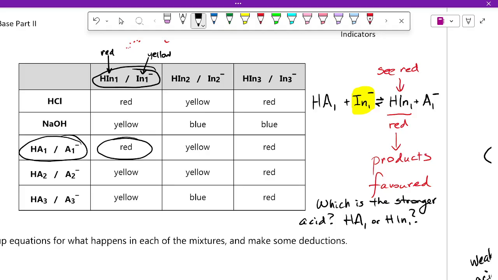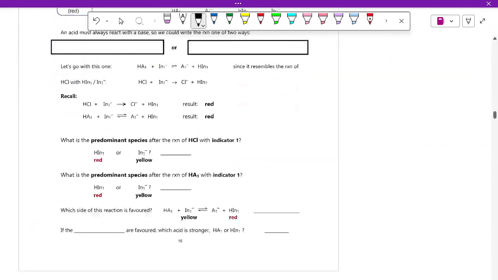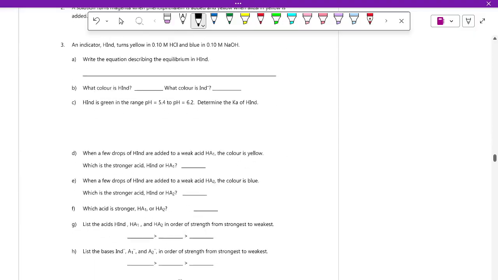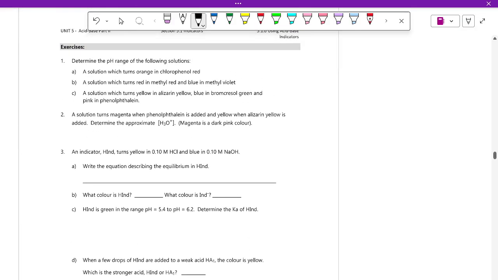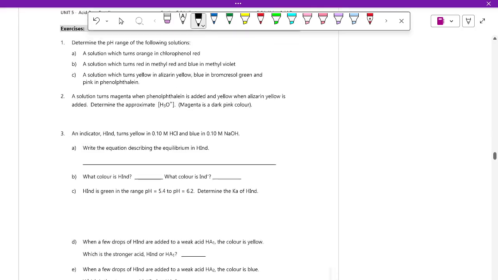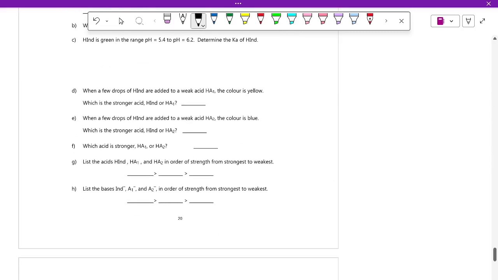Do we favor the weak side or do we favor the strong side? Your homework is to finish this table on page 20.